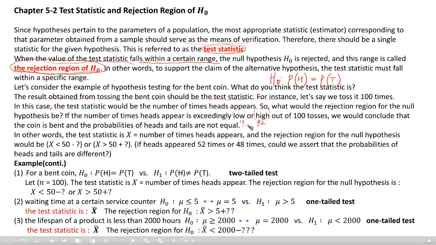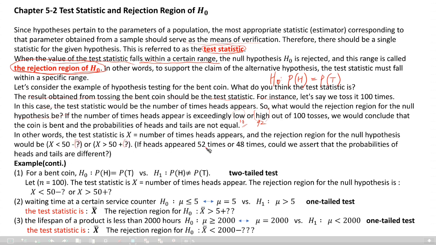It is very reasonable. So, in other words, the test statistic in this case is x, equal to the number of times heads appear. And the rejection region for H0 would be x less than 50 minus some value, or x greater than 50 plus that some value, which we have to decide, the value of this question mark.